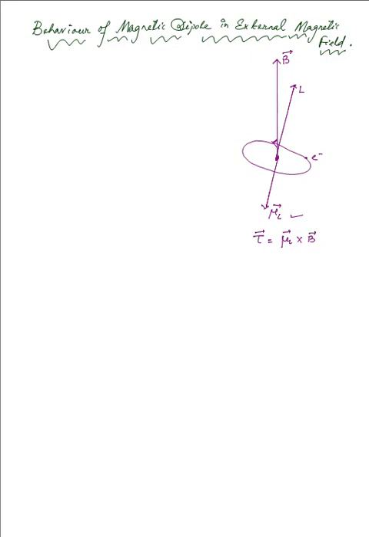So this torque will be perpendicular to mu L. Because mu L is opposite to L, the torque will also be perpendicular to L, somewhere along this line. So this is the direction of the torque that will act.